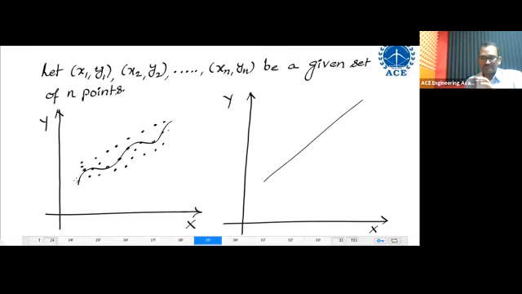If the set of points approximately concentrated around a curve, this curve is called a regression curve or curve of best fit for the given data.